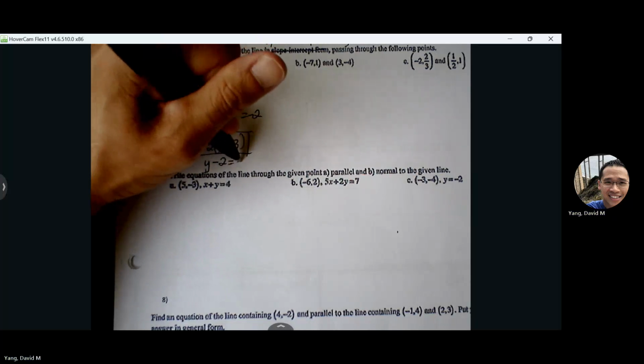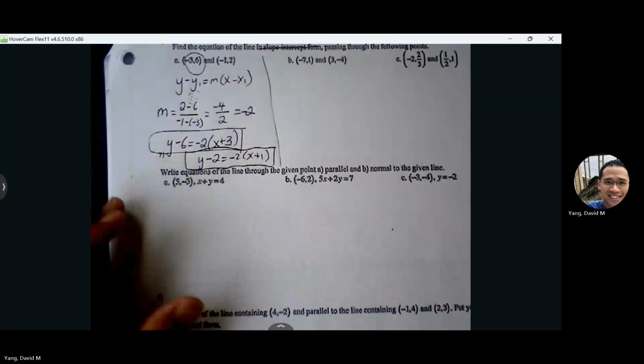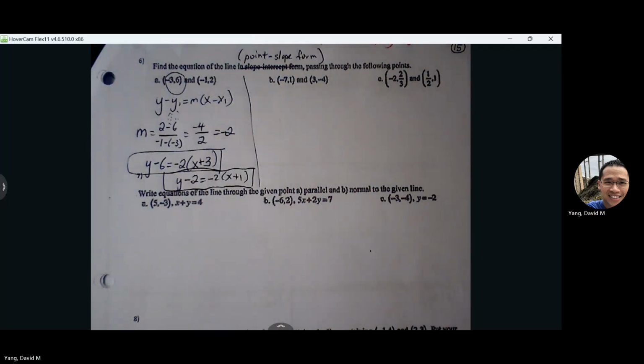You can also write it this way if you want to choose the other point. All right, easy enough, right?